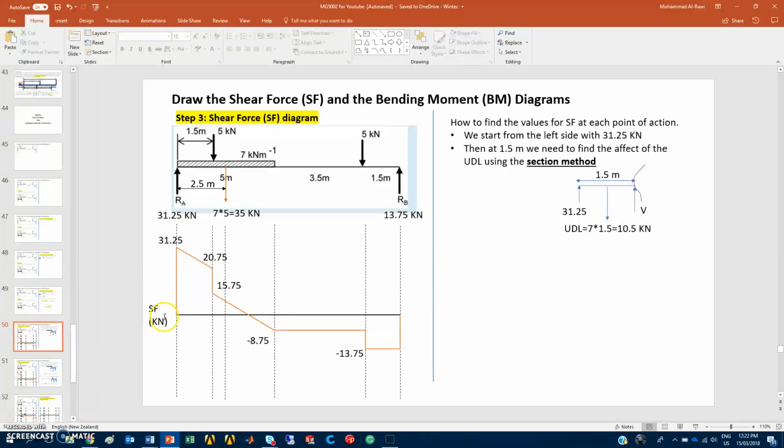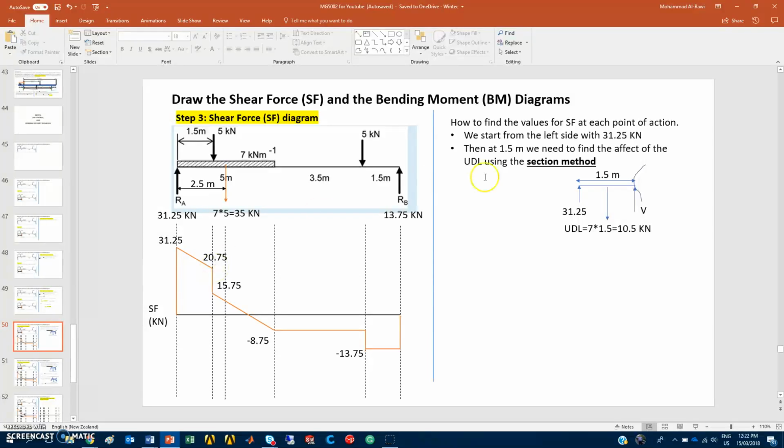I have a horizontal line, and I'm moving upwards and downwards from point to point. I have these disconnected lines just to represent where I expect my diagram to move. We start from the left side with 31.25, and because we have a UDL, as we learned, the UDL will always slope. So we move along the UDL till that point here.